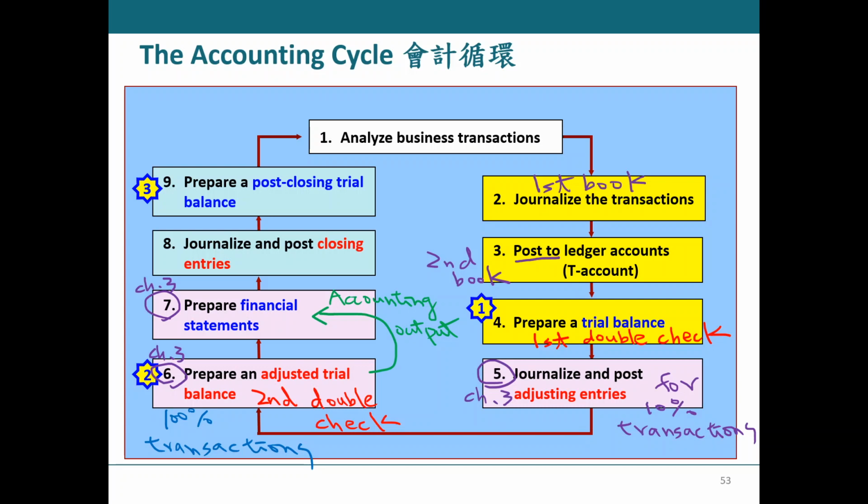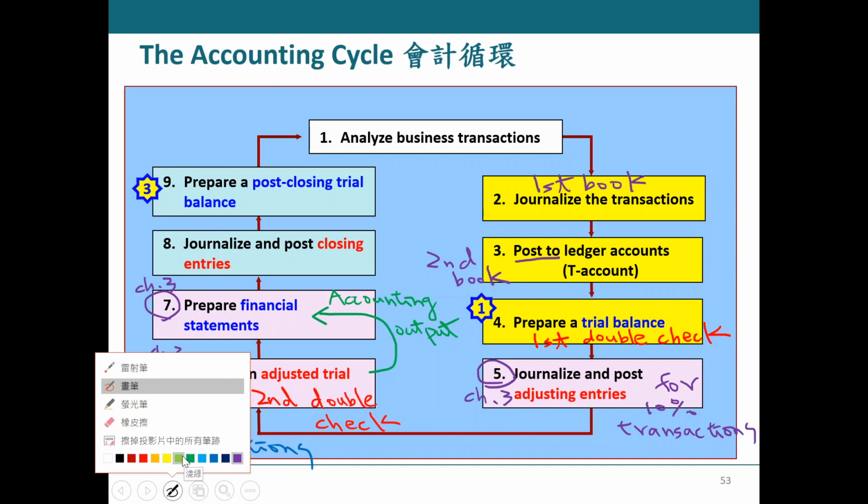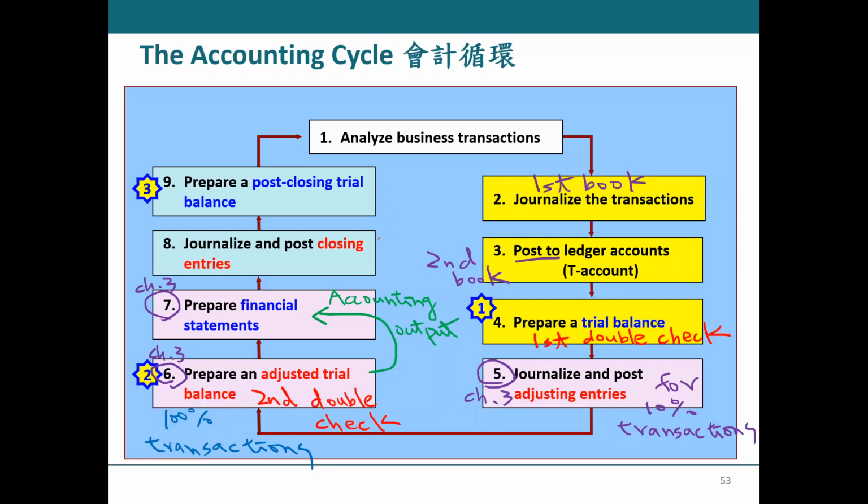So closing the book, closing entries, that's our last step in chapter 4, right? And don't forget, we always need to double check. So the third time double check is post-closing trial balance. This is your third time double check.